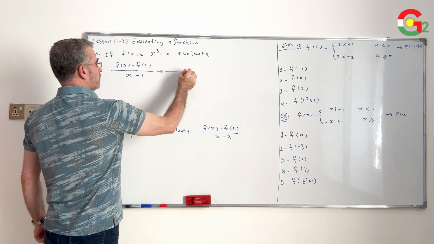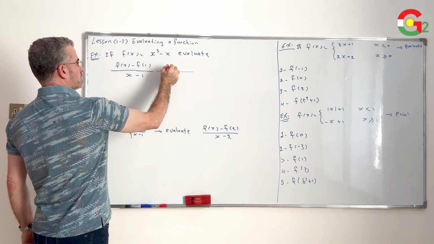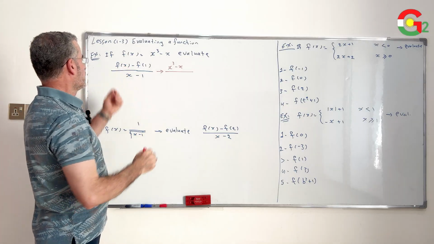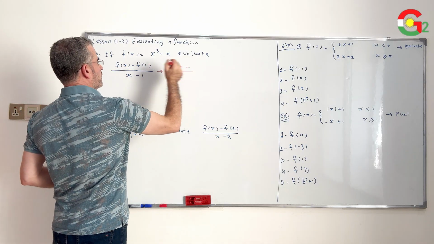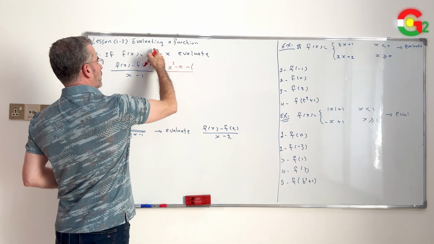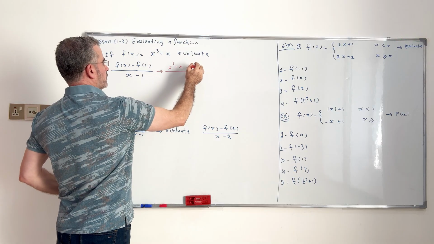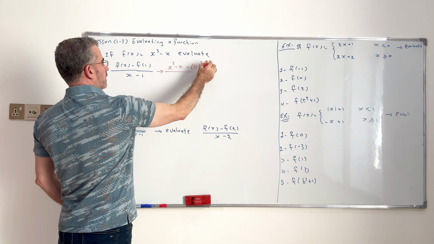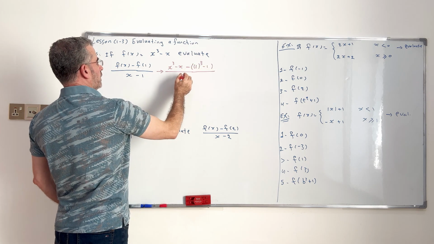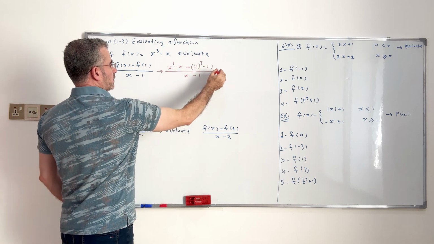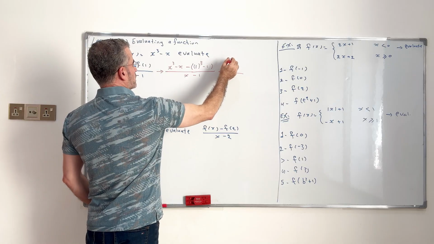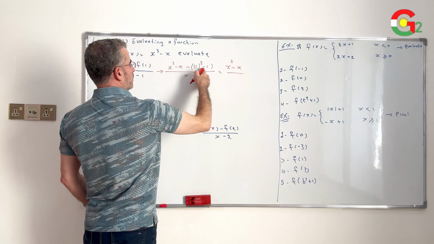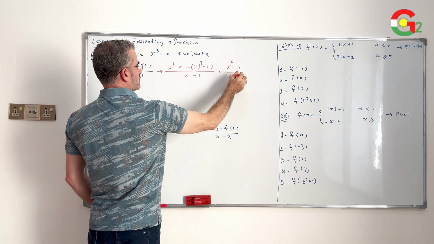This quantity will be f of x, which is x to the power 3 minus x without any change, minus f of 1, which is 1 cubed minus 1, over x minus 1, equal to x to the power 3 minus x, minus 1 minus 1, which is 0, over x minus 1.